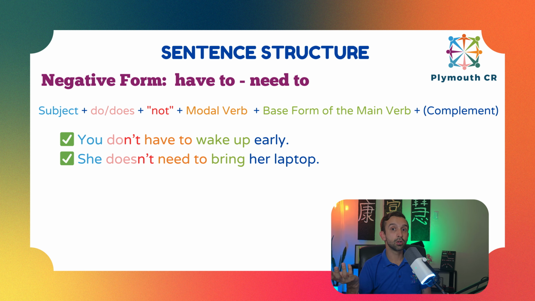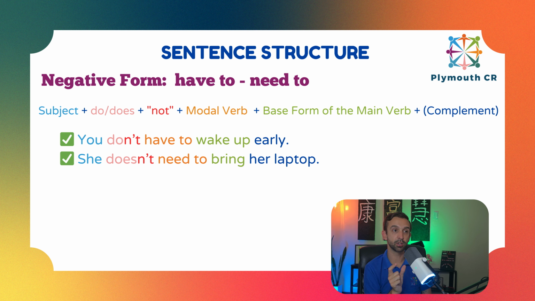Now let's move on. As you can see here, the sentence structure in the negative form for these two, have to and need to, I'm going to go into detail about later and how to use them. But first, I want you to see the structure. In here, these modal verbs actually use the auxiliary do or does not to make it negative. So you have the subject, then do or does, depending on the subject, of course.